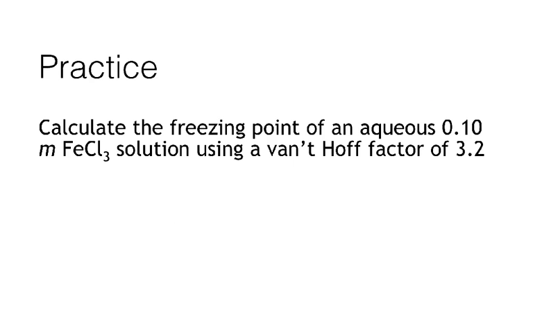Here's another practice. Calculate the freezing point of an aqueous 0.1 molal iron(III) chloride solution using a Van't Hoff factor of 3.2. So my delta T again is my molality times my Kf times my i for using the Van't Hoff factor. So my delta T is going to be 0.10 times the 1.86.